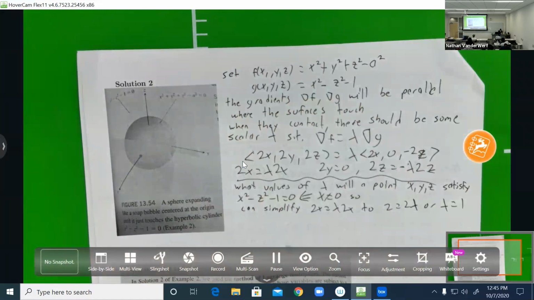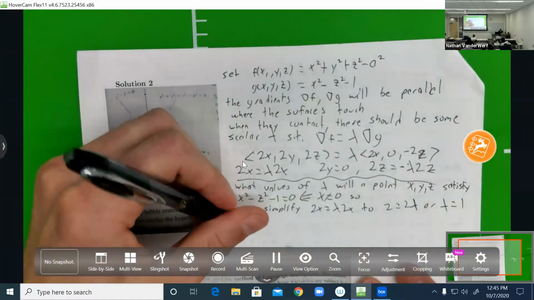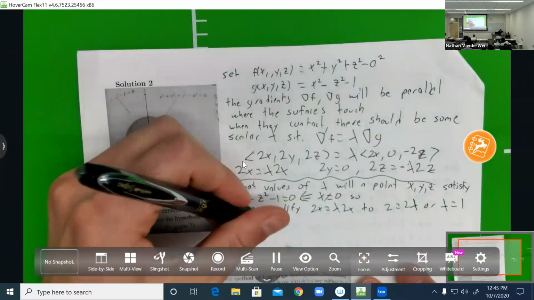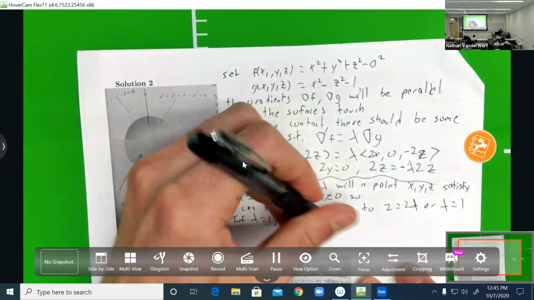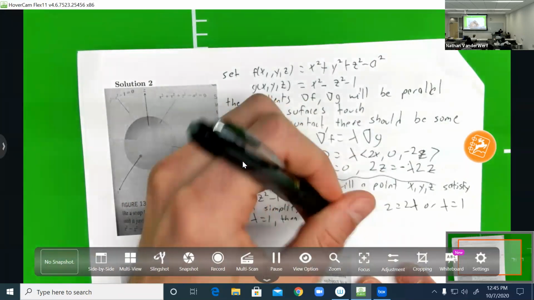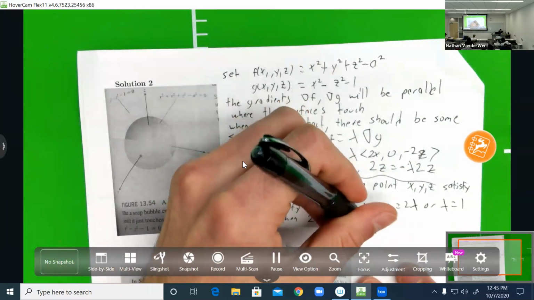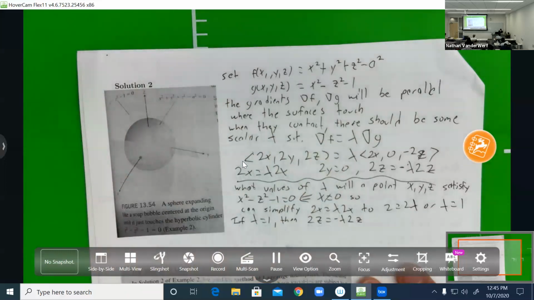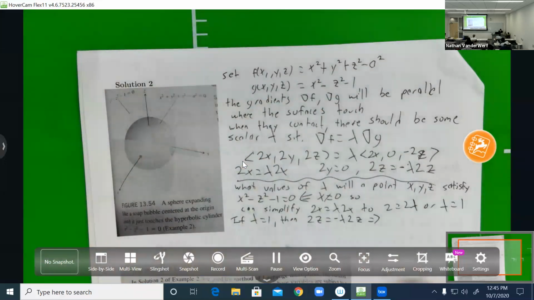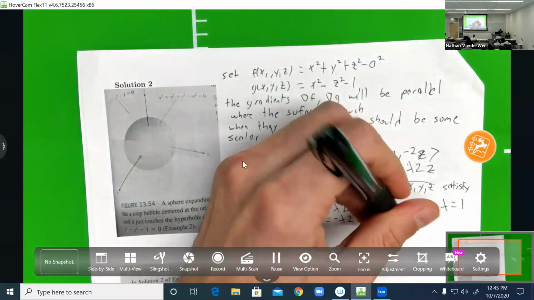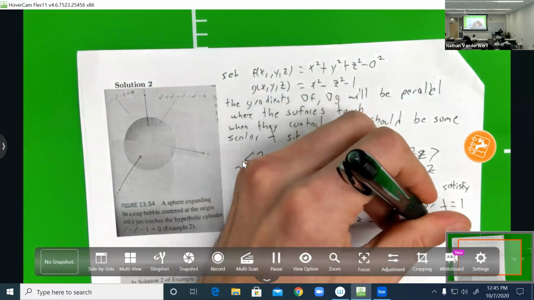So for lambda equals 1, we have 2z equals minus lambda 2z, right? So that gives us that 2z equals minus 2z.